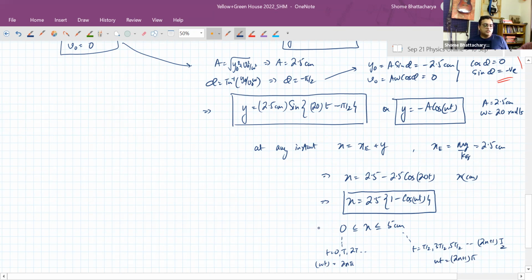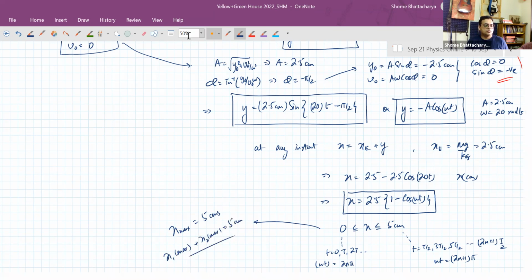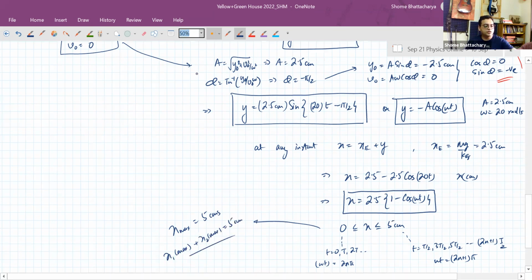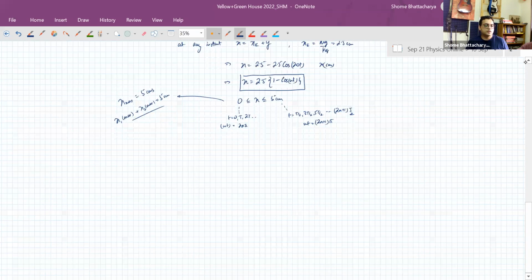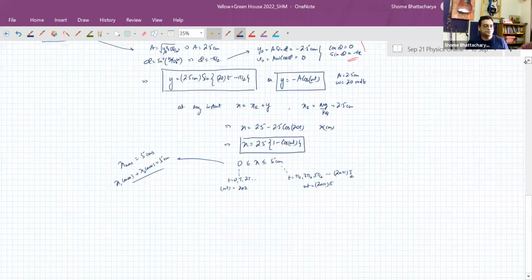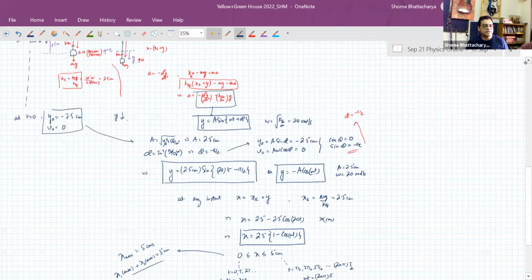So from this you can see that the maximum extension for the combination of the springs is 5 centimeters. So individually, x1's maximum value plus x2's maximum value will be equal to 5 centimeters. Now we'll see how we calculate x1 and x2's individual maximums. But if this was a single spring system, this is how the SHM equation would look.